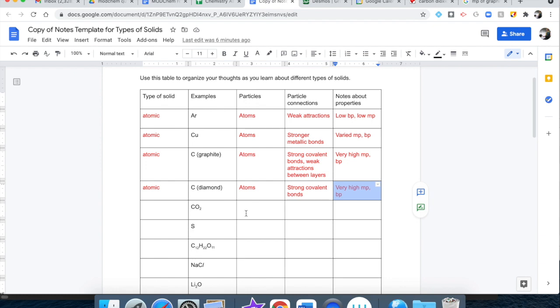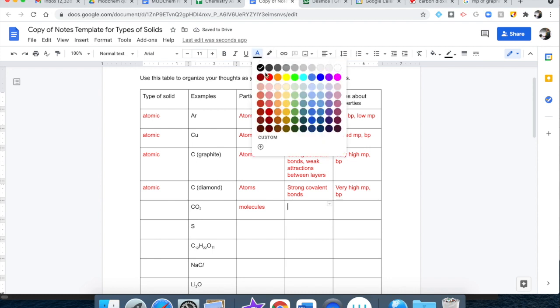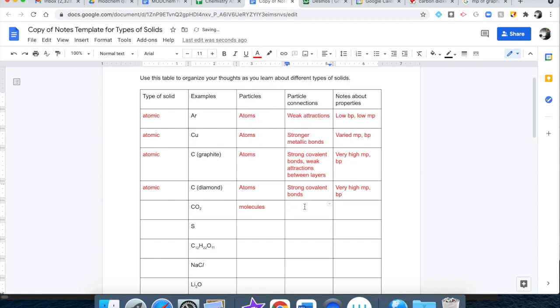Going back to our notes, let's fill this in. The particles that are at the lattice site locations, in the grid work, at the corners of the grid, are now not atoms, but molecules. What are the particle connections like? Well, there's two kinds of connections.